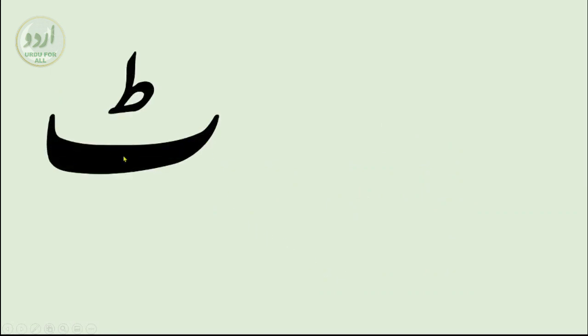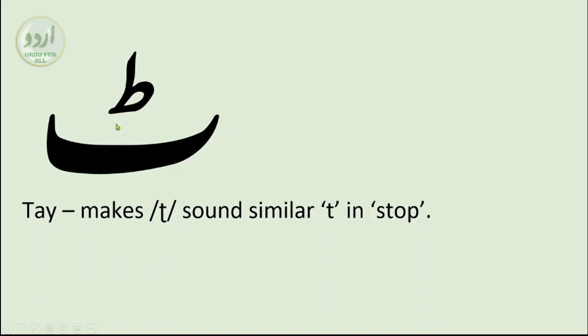Look at this. It looks like our bay, but it has no dot, but it has this little symbol on the top. So this letter is called te, and it makes a t sound, which is very similar to t in the English word stop.